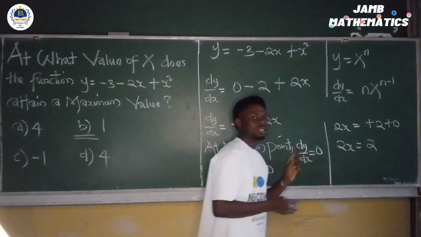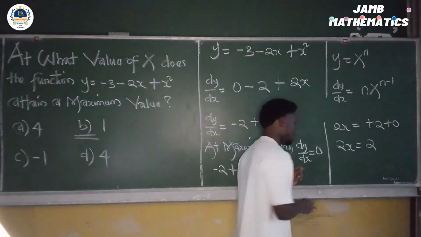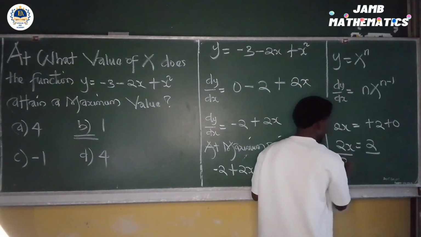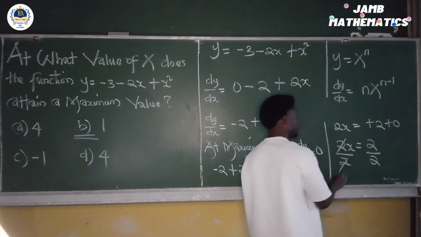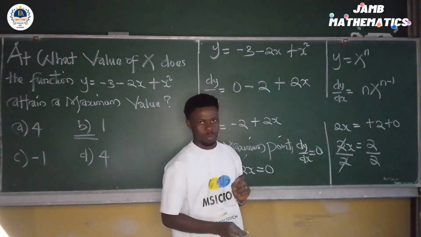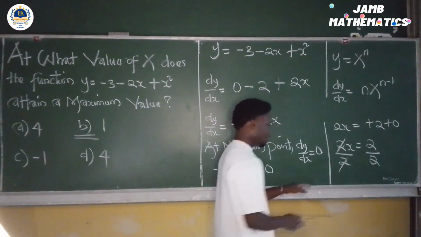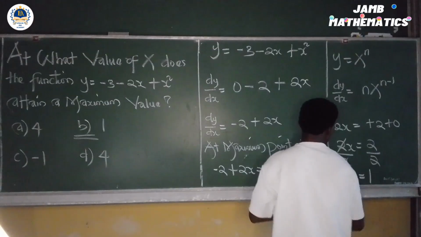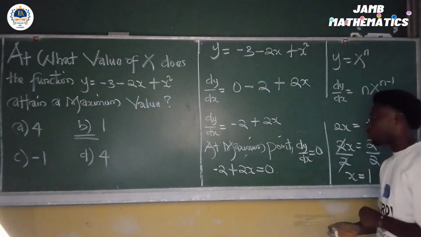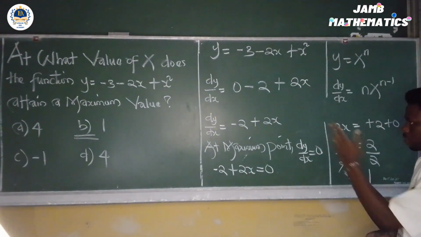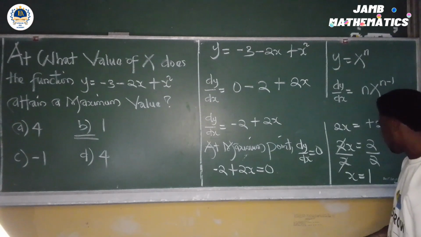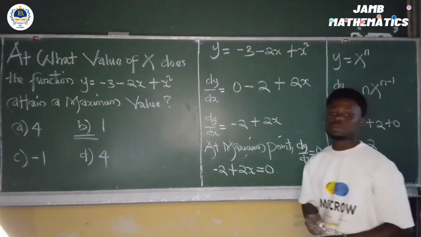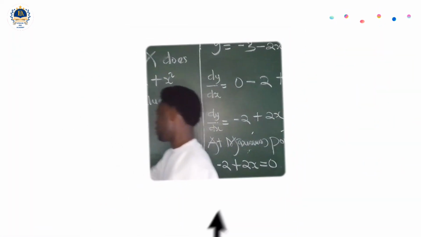Making x the subject, divide both sides by the coefficient of x, which is 2. 2 cancels 2, and we are left with x is equal to 2 divided by 2. Therefore, x is equal to 1. So at maximum point, the maximum value of x in this question is plus 1. And the correct option on the board is option B.